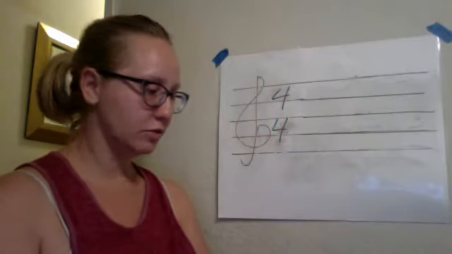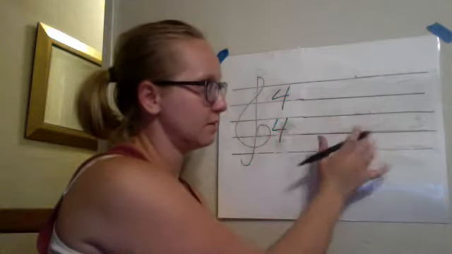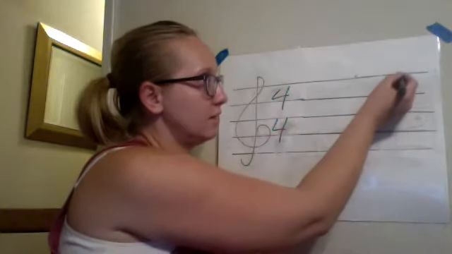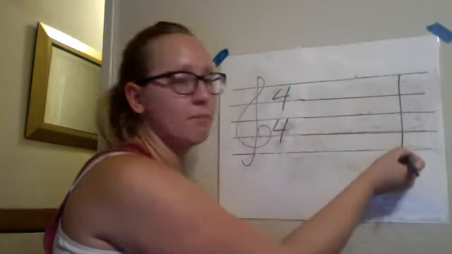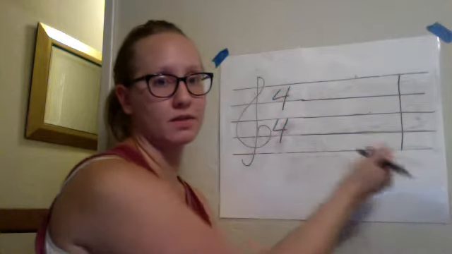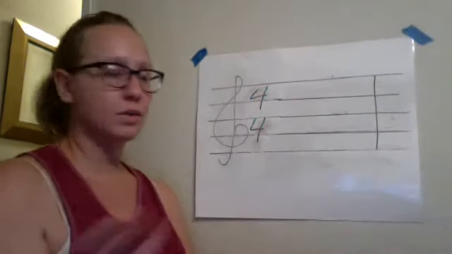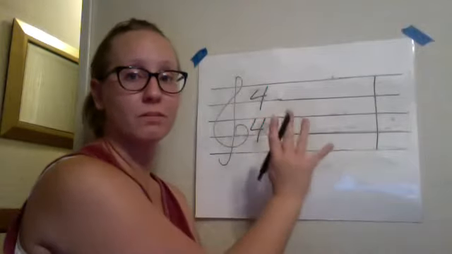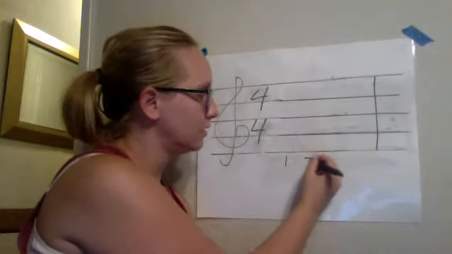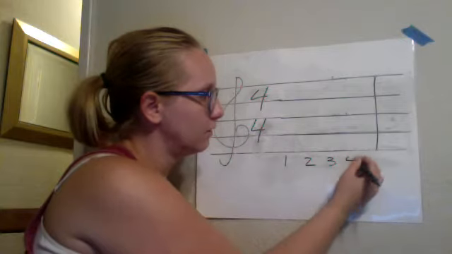You are going to describe for them that the measures are divided by bar lines, and that's a bar line right there. So within this measure, you have 4 beats. 1, 2, 3, 4.